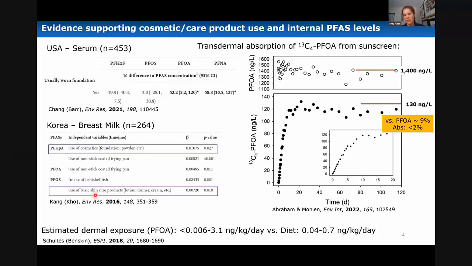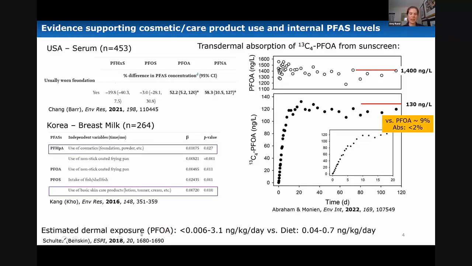Linked to these epidemiological studies are some basic foundational research studies that have explicitly looked at PFAS exposure through the skin, so dermal exposure to PFAS. Currently, there's only been one PFAS assessed, which is PFOA. The first study looking at dermal exposure to PFOA developed parameters using a rat model.